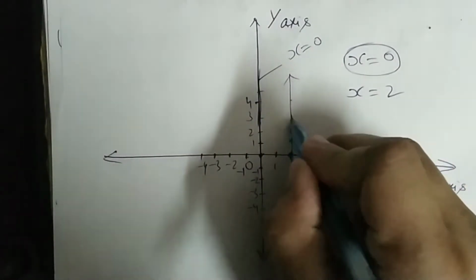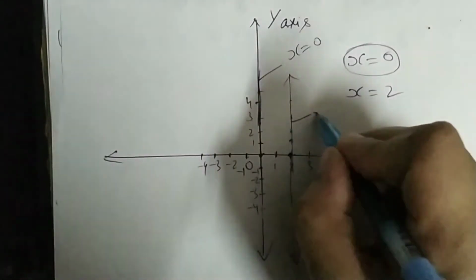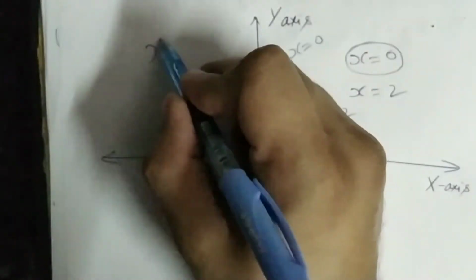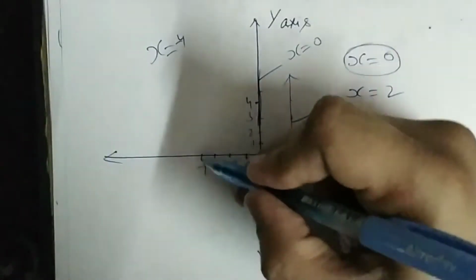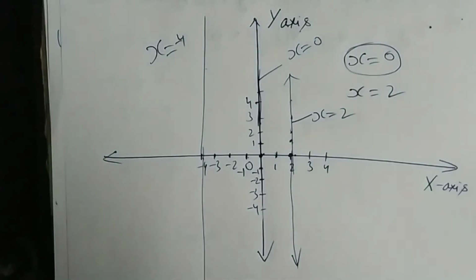On all these points, x is always 2. So this is the line x equal to 2. If we have to plot x equal to minus 4, this will be a line parallel to the y-axis. This line is x equal to minus 4.